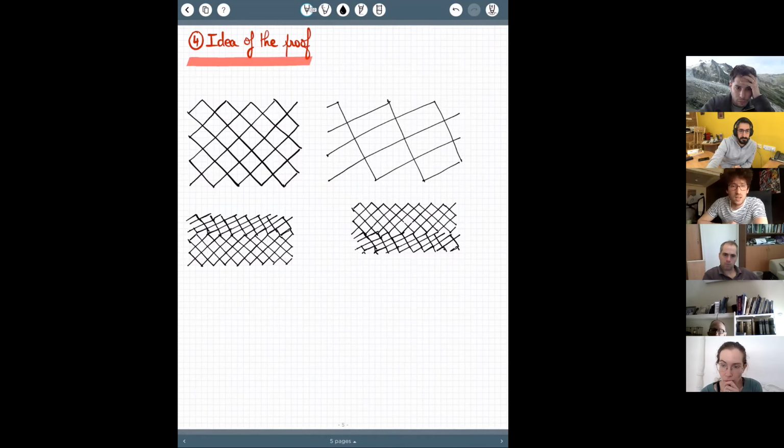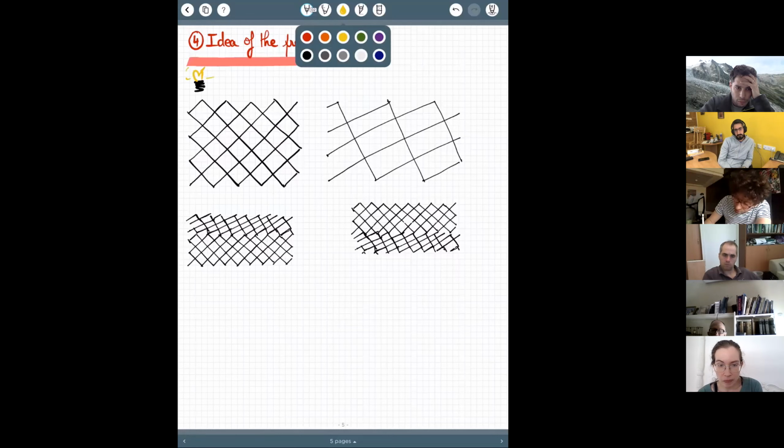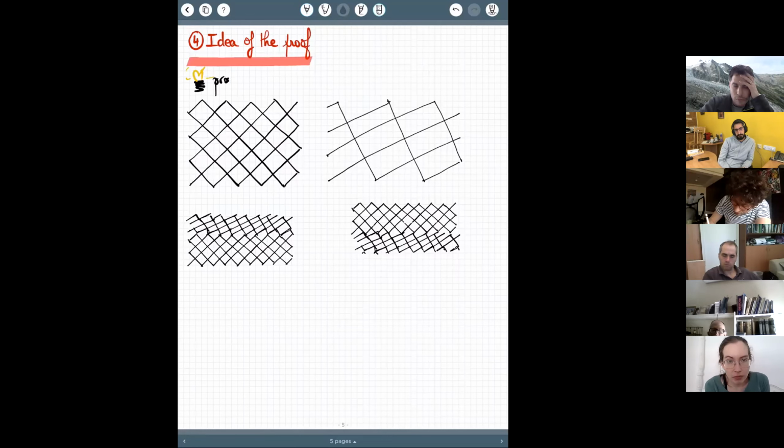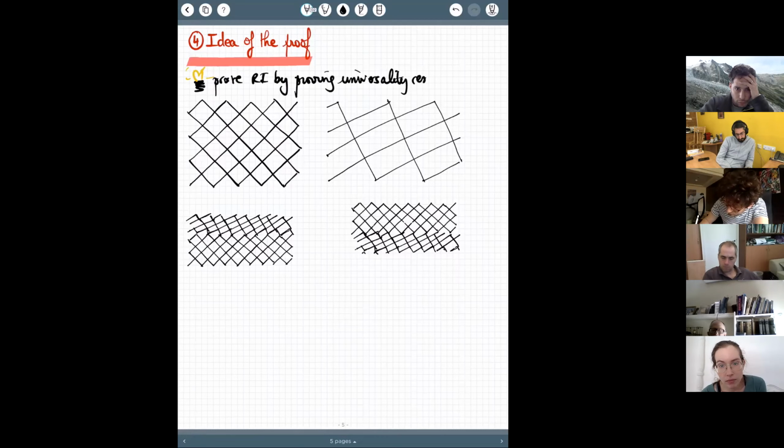The key of the whole argument is what we call a universality result. So we prove rotation invariance by proving what we call a universality result, which is the following.